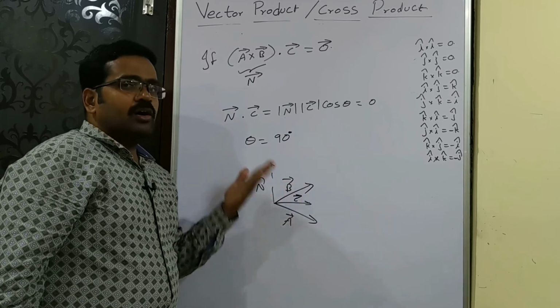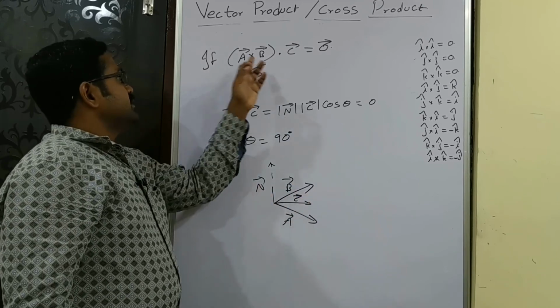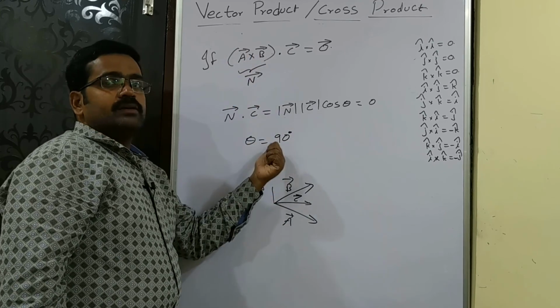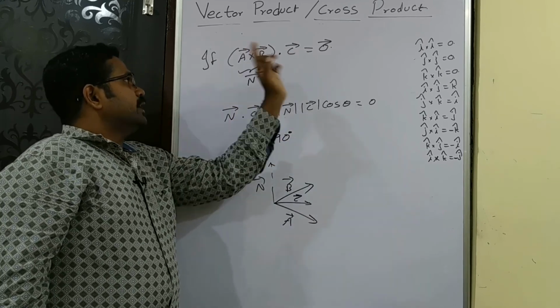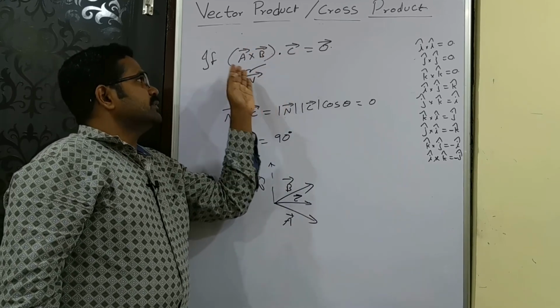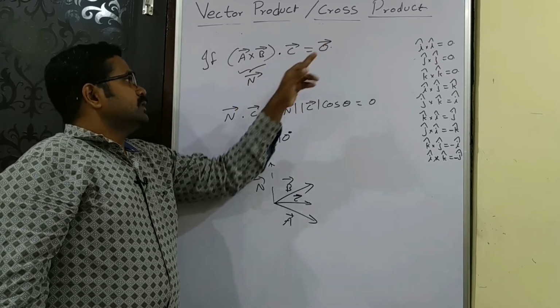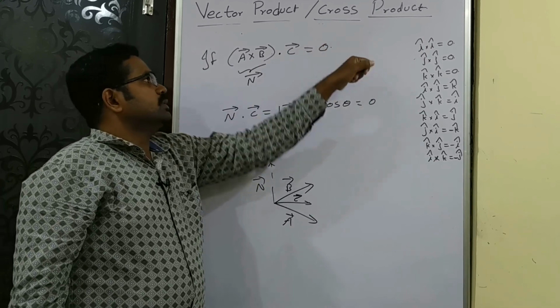All these three are on one plane, and vector n, the cross product of A and B, is perpendicular to this plane. Got it? Understood? This is how you need to take out the relation of vector C with vector A and vector B when this is a cross product equal to 0, that is null vector, and this is a dot product and equal to 0.